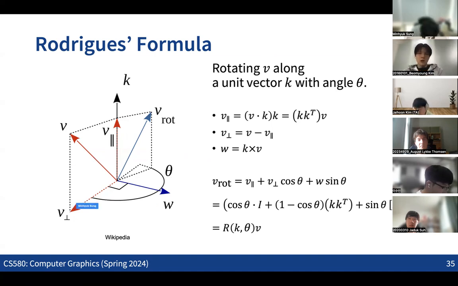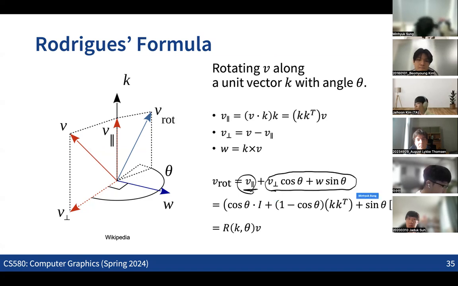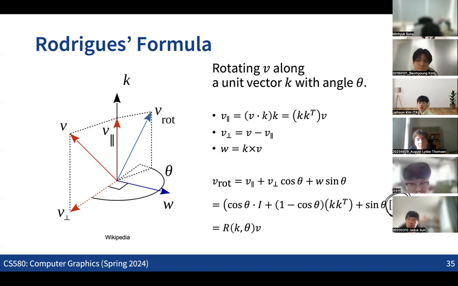So these are all the conditions. We keep the parallel part and apply the 2D rotation to the orthogonal part. Then you can derive all the formulation. One small detail is the notation where we represent the cross product as a matrix form.